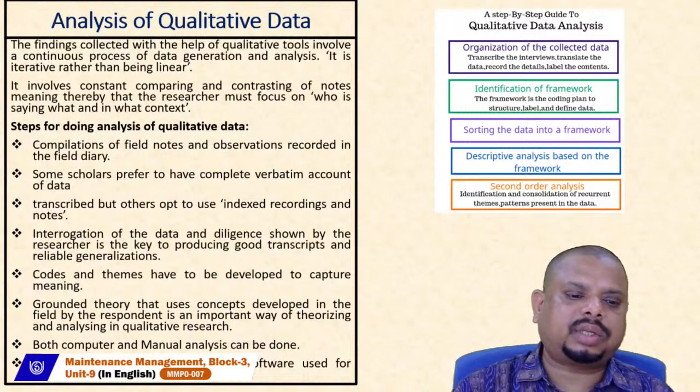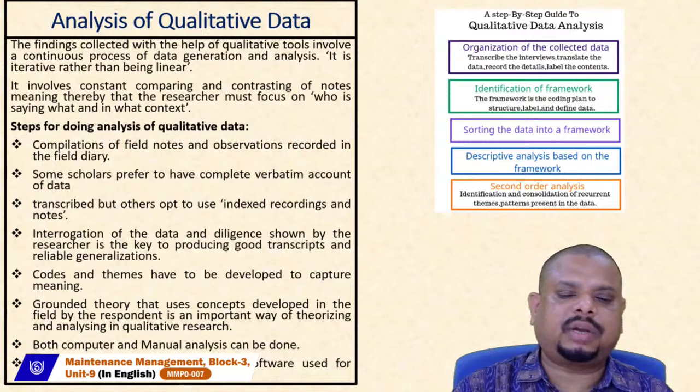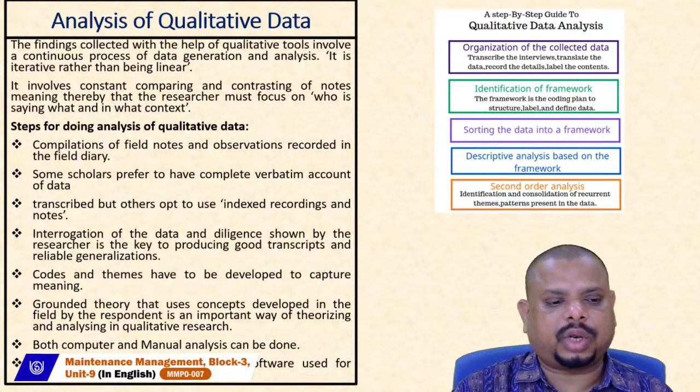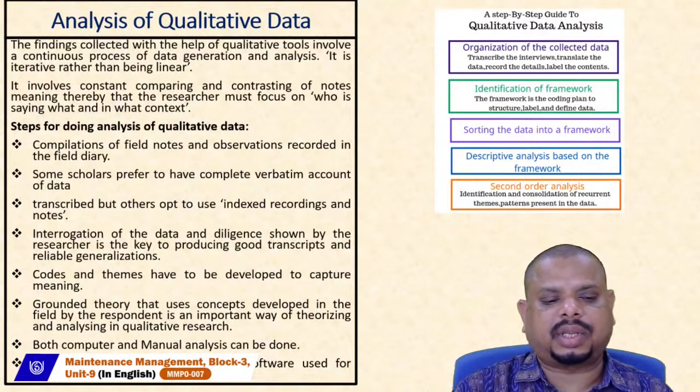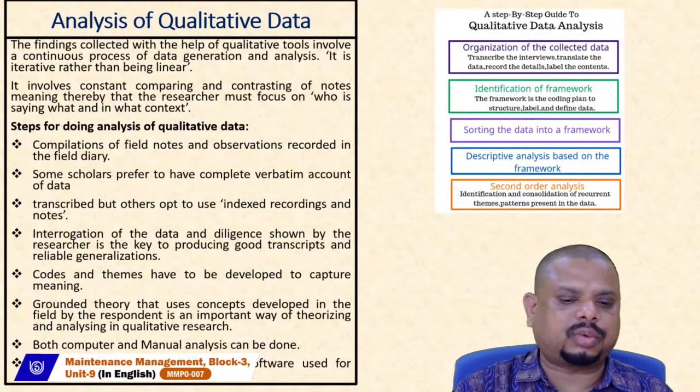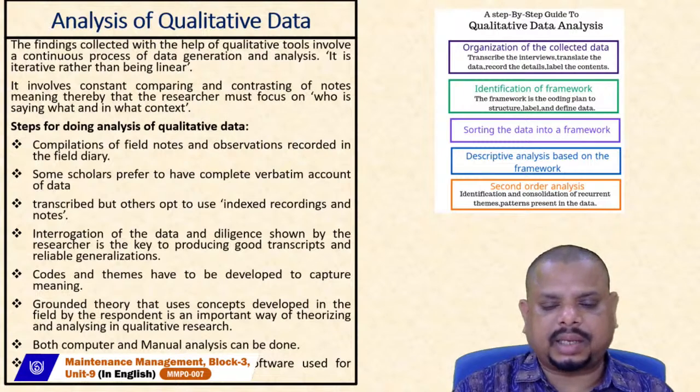Grounded theory, which develops concepts in the field from respondents, is an important way to theorize and analyze qualitative research. Both computer and manual analysis can be done. And finally, you have to use software such as Atlas.ti, a computer program used to analyze qualitative data.